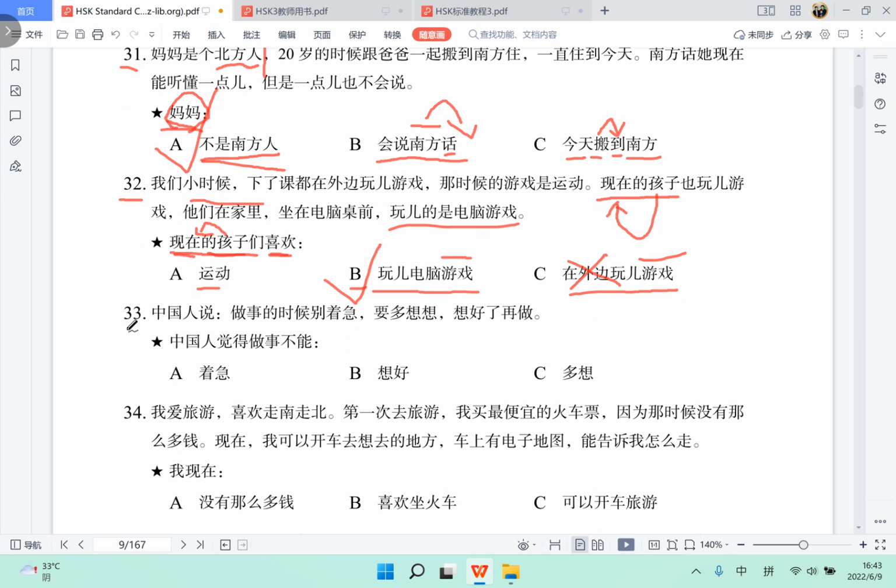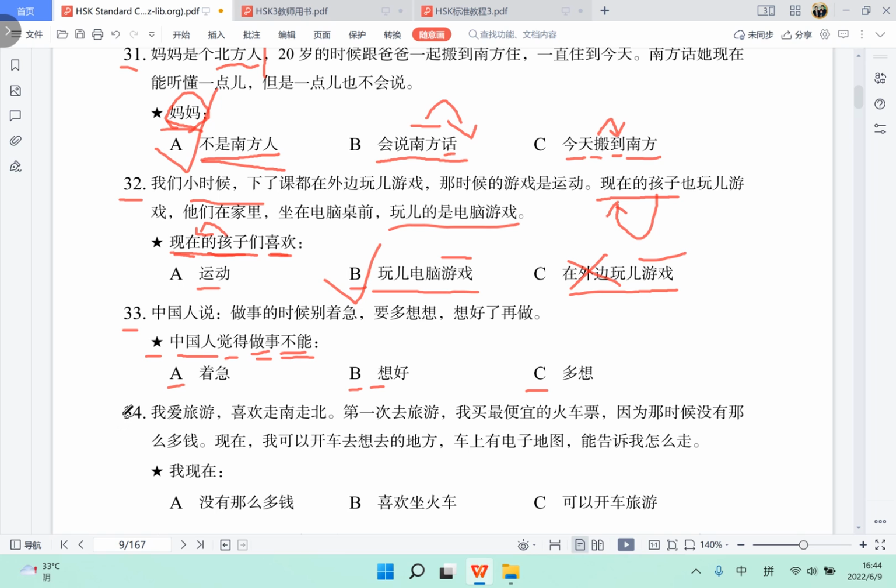And 33 中国人说, Chinese people say. So we check the question first. 中国人觉得做事不能, so Chinese people think when doing something, you can't be what? A 着急, B 想好 think well, C 多想 think more.